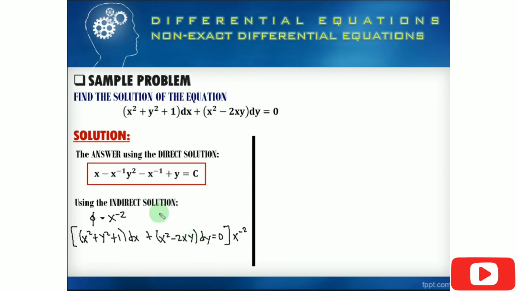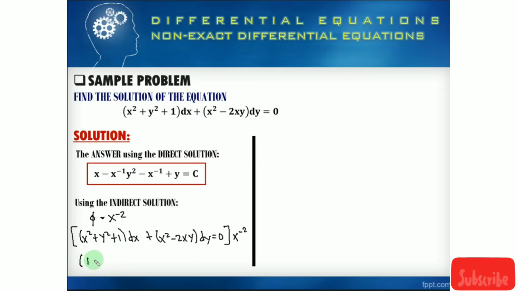After simplifying, we have arrived at these terms. We have here 1. If you multiply x raised to the negative 2 by x squared, it is x squared over x squared, or 1.